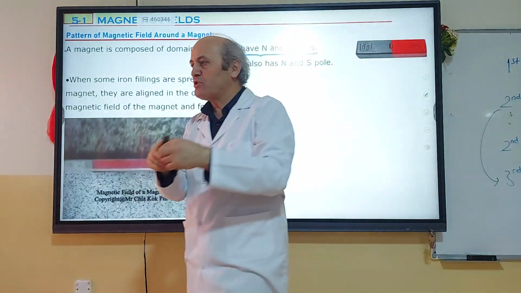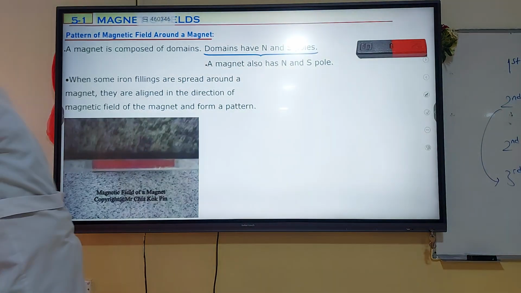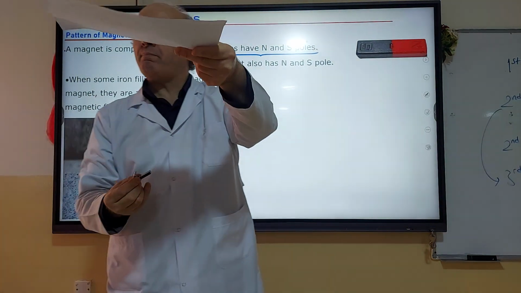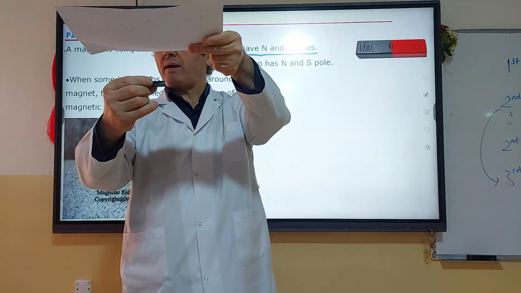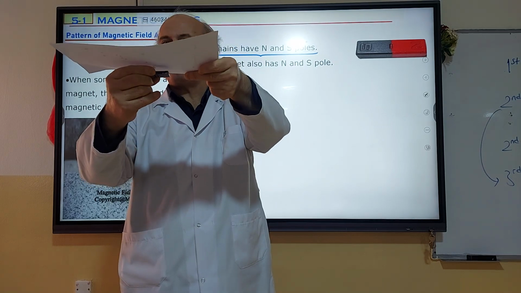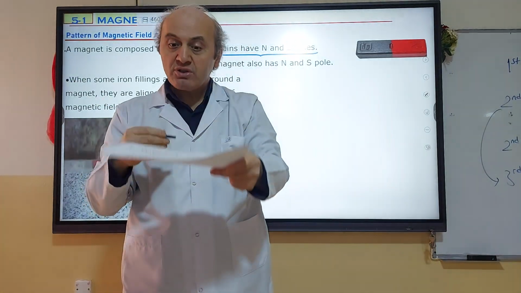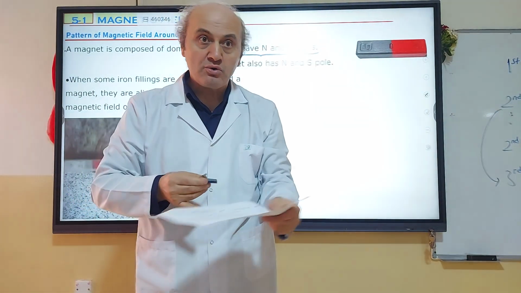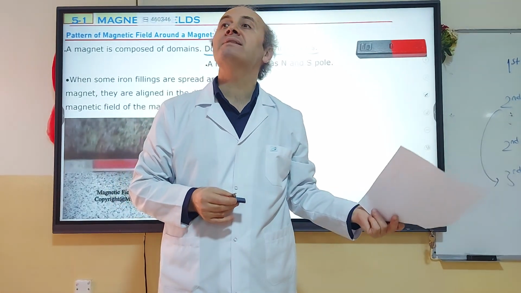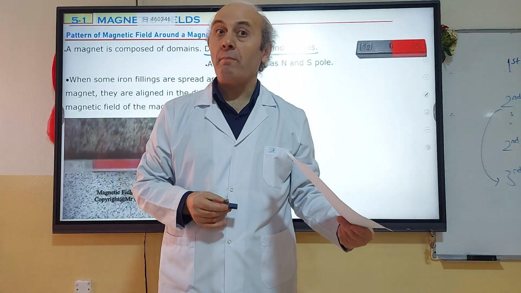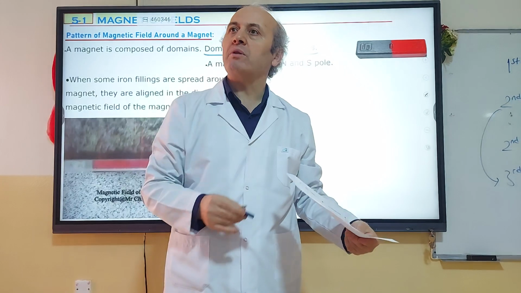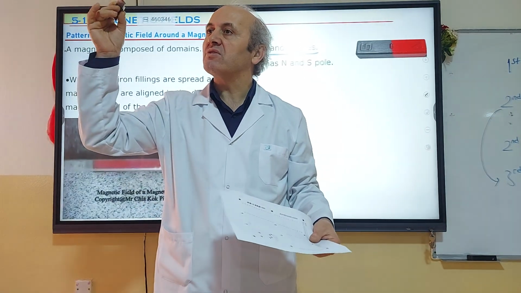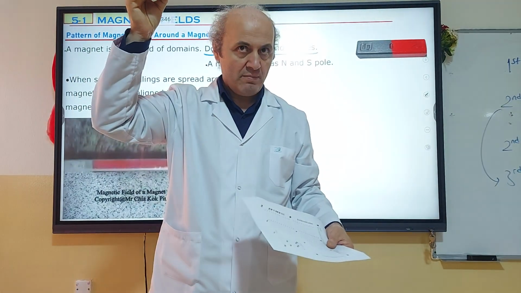When the plate approaches the magnet, they are doing like this. On this paper they are putting iron filings, putting the magnet below, and then you make them closer. When you make them closer, you are going to see that the iron filings on the paper will make some shape, some pattern. So this pattern will be representing the magnetic field pattern around this magnet.